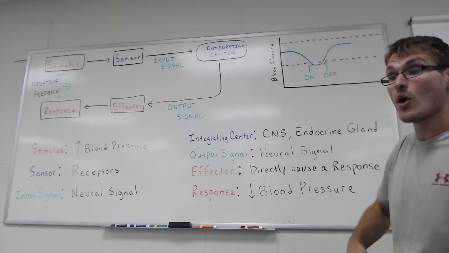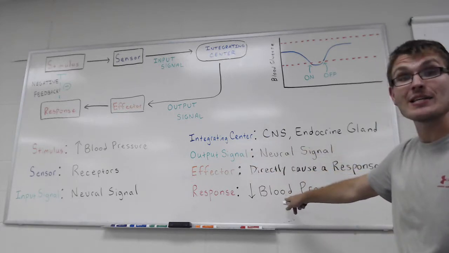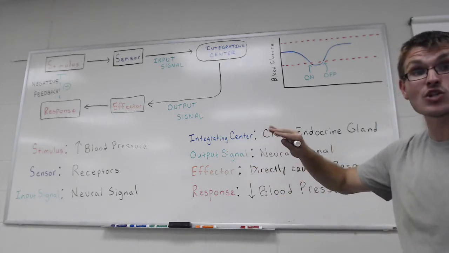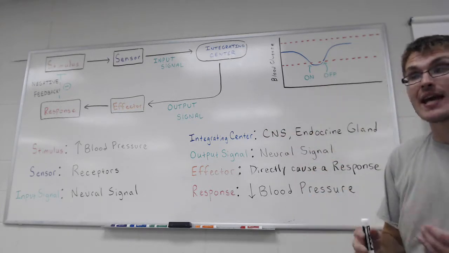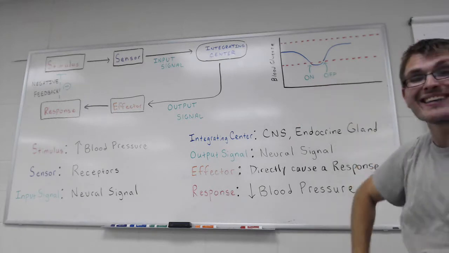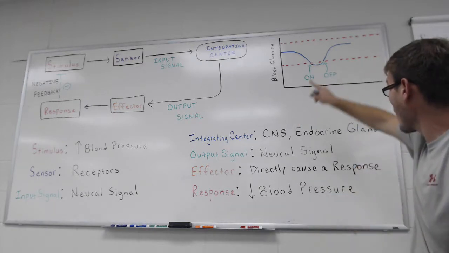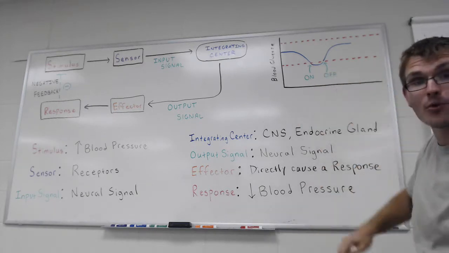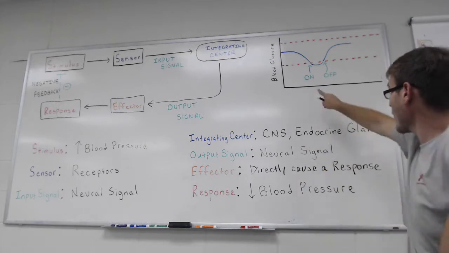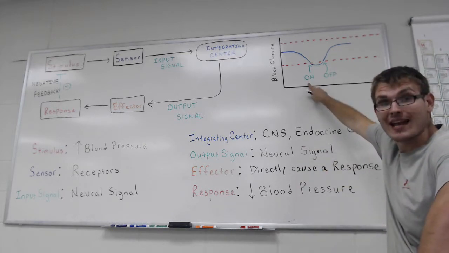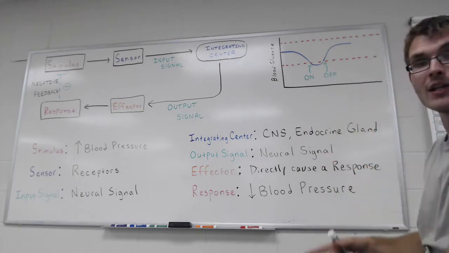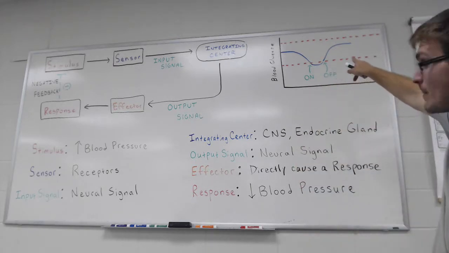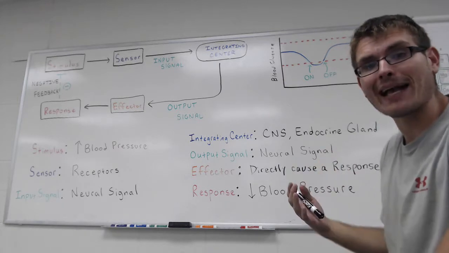So our response is going to need to be something antagonistic to what the stimulus actually was. In this case, we have an example of your blood glucose getting a little too low. Once we cross that threshold of that bottom red dotted line, we are going to turn some homeostatic feedback loop on. When that feedback loop is on, you'll notice that the blood glucose starts to climb back up.